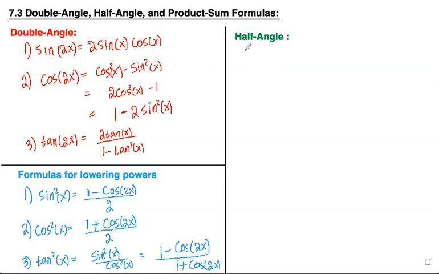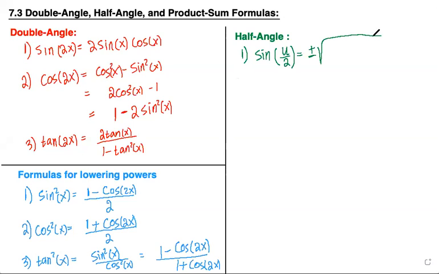So first one is the sine. Number one, sine of the half angle, like u over 2. The formula is plus or minus, depending on the quadrant. If the sine is in the first quadrant or second quadrant, sine will be positive. Third and fourth will be negative.